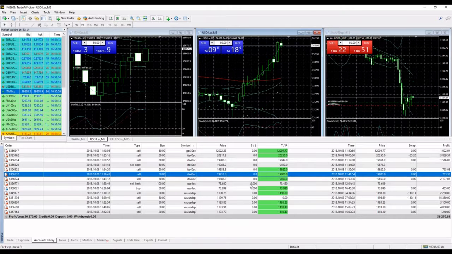Italy 40 was in a very nice setup, especially in the 1 hour in the morning. It was such a great setup that we could all the time put new trades, as you remember, and then it stopped a bit the movement, and now it's again in a short recovery mode.